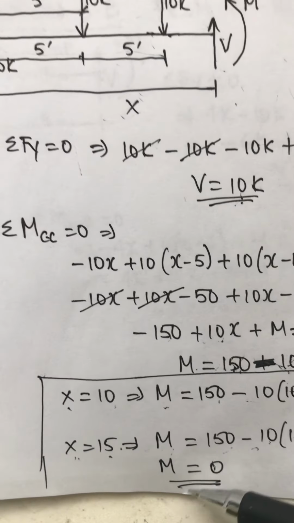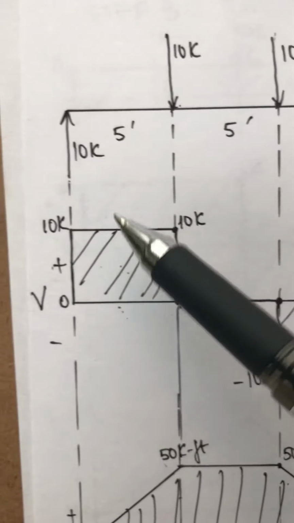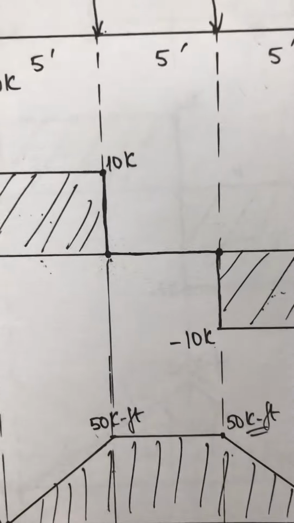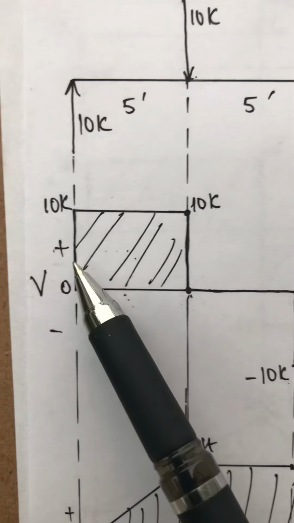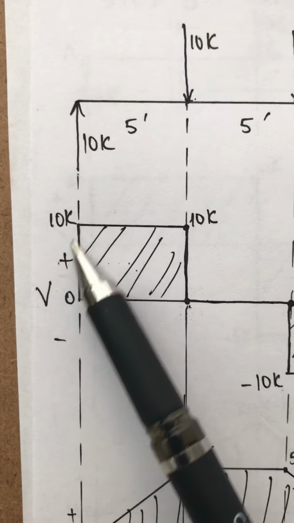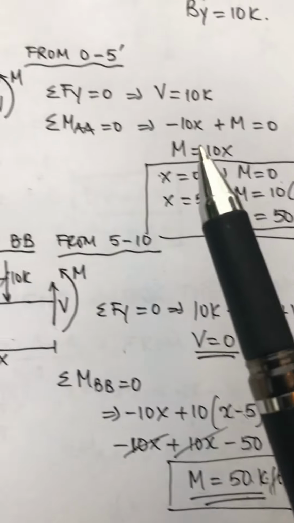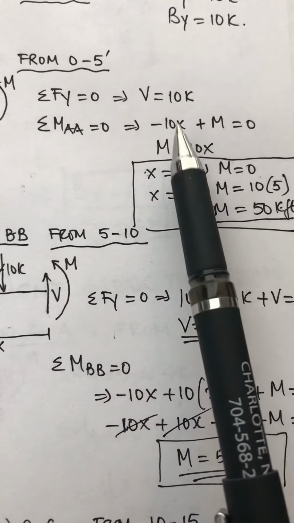So having all the information we need, you go to draw your shear and moment diagram. V is always, up here is plus, and down is minus. We know that from 0 to 5, my V is 10k.